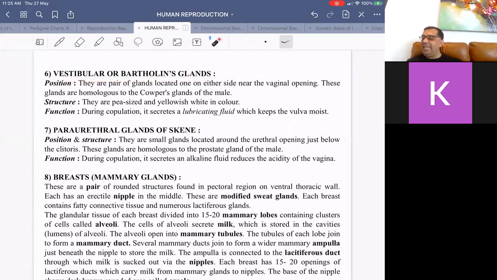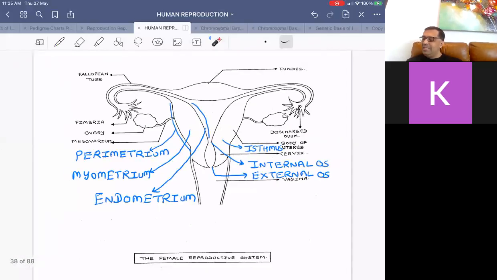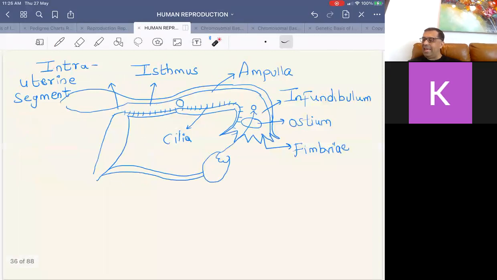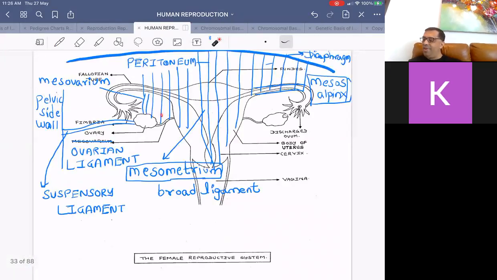Let's start with these organs. First, you have the ovaries. The ovaries are the female gonads situated inside the abdominal cavity, one on either side of the uterus. The ovaries are on either side of the uterus.